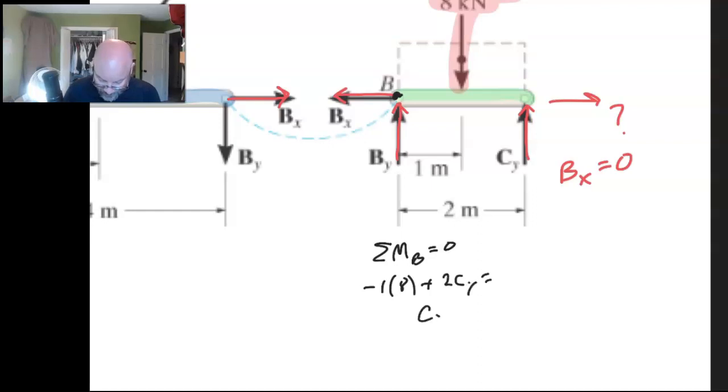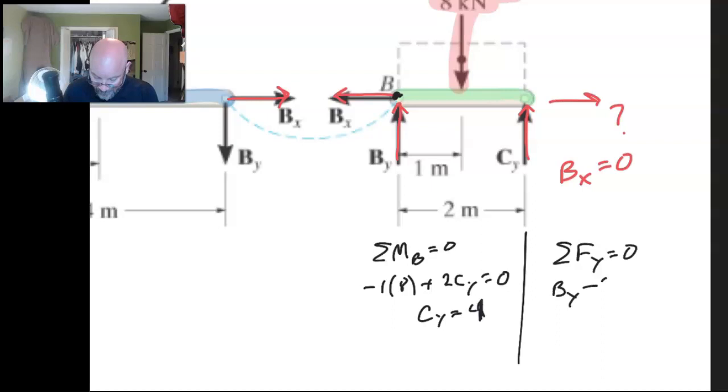That tells me that CY is going to be equal to 4. And if we do the vertical equilibrium, we're going to have BY minus 8 plus CY, and that's going to tell us that BY has to be 4 also.